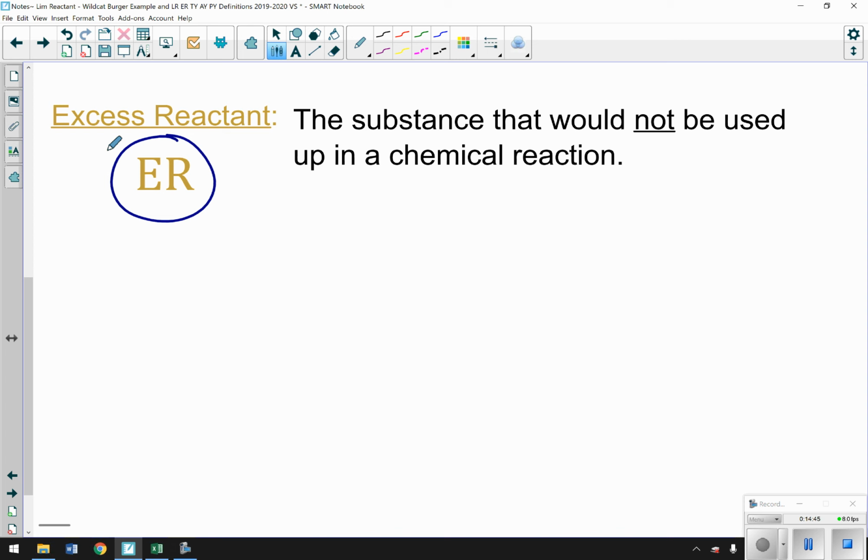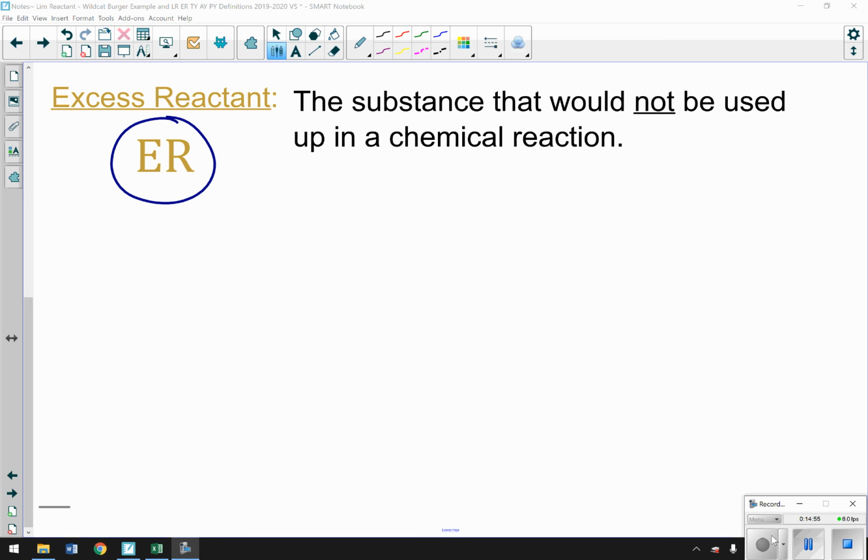And what we're going to find is when one ingredient is limiting, all the other reactants will be excess. All right, so that's excess reactant. So we have limiting reactant, excess reactant. Let's look at three more terms.